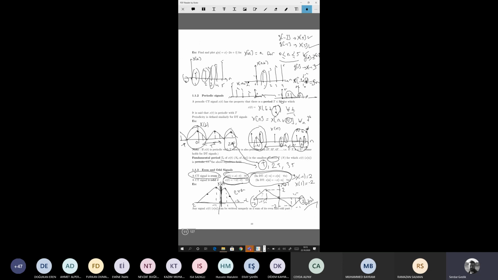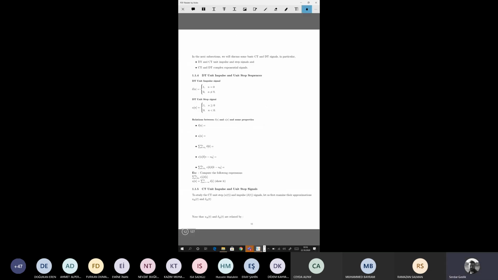Please note that any signal x of t can be written uniquely as a sum of its even and odd parts. So I can write x of t as x even of t plus x odd of t. This is the even part, this is the odd part. But how can I find x even and x odd of t? It is simple.